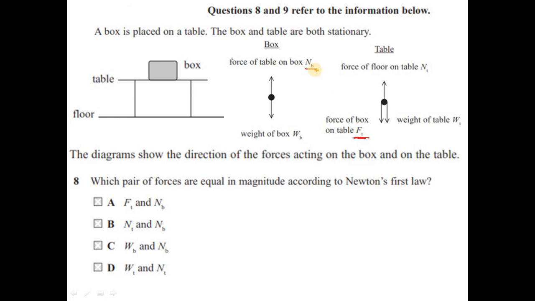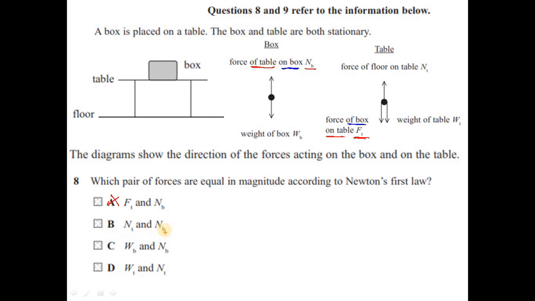Yes, these forces are equal, but if you see the statement, force of table on the box and force of box on the table, they are equal due to Newton's third law, not due to Newton's first law. So we cannot choose A.